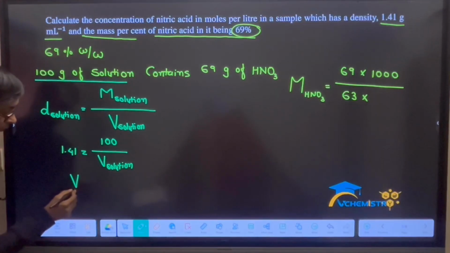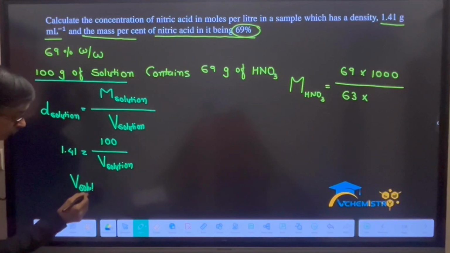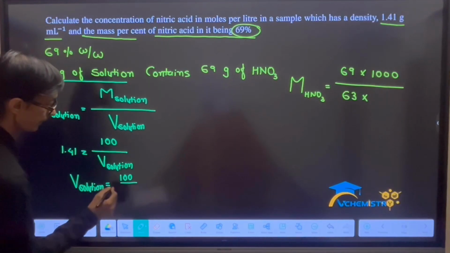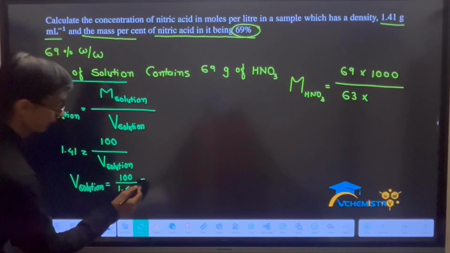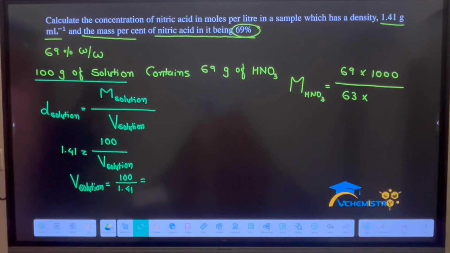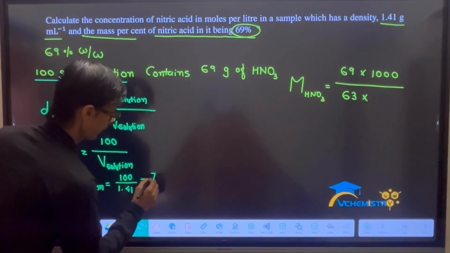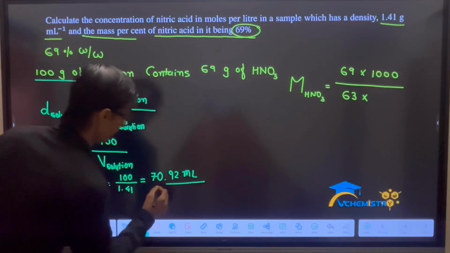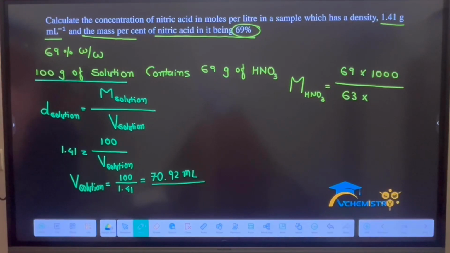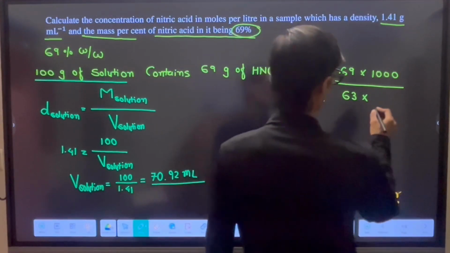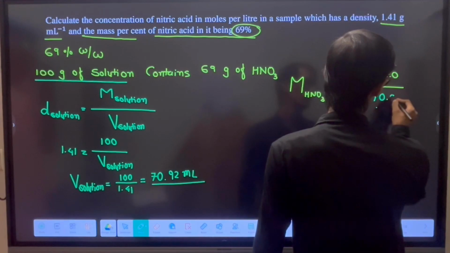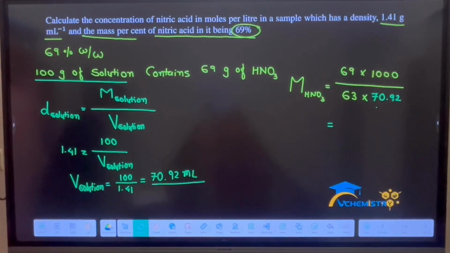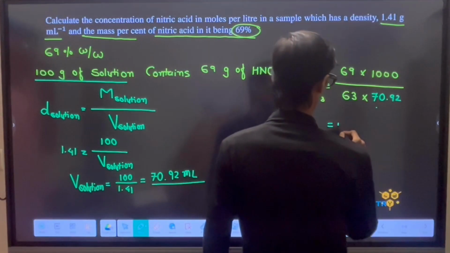So volume of solution is equal to 100 divided by 1.41. That means we will get the answer 70.92 ml. This is the volume of the solution. Write down there 70.92. So you will get the answer 15.44.